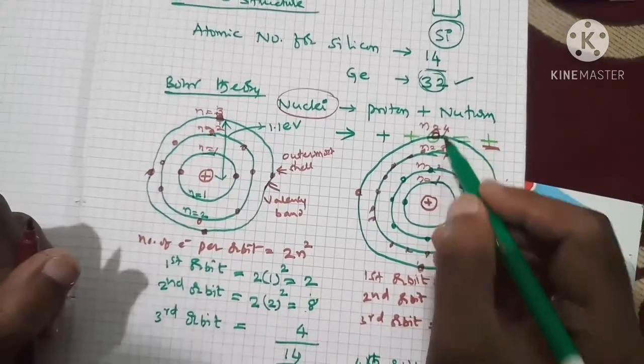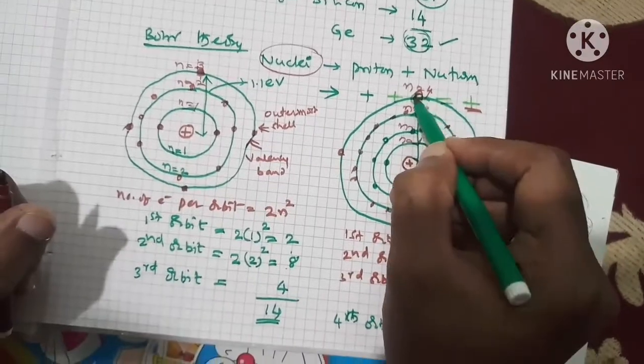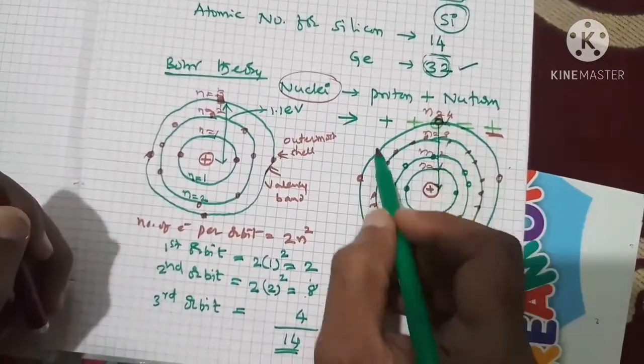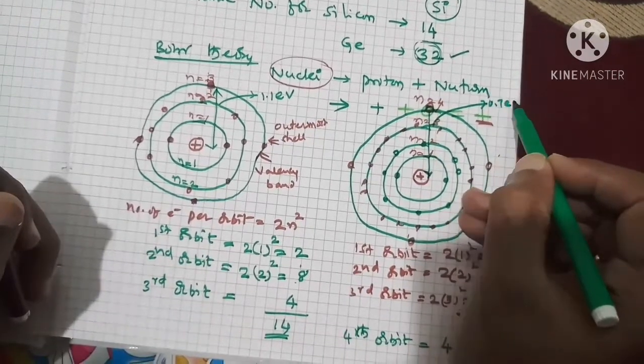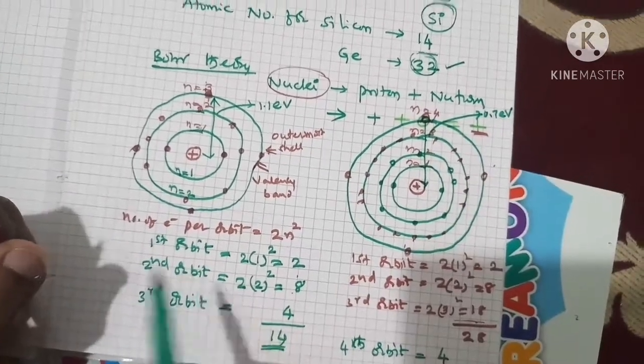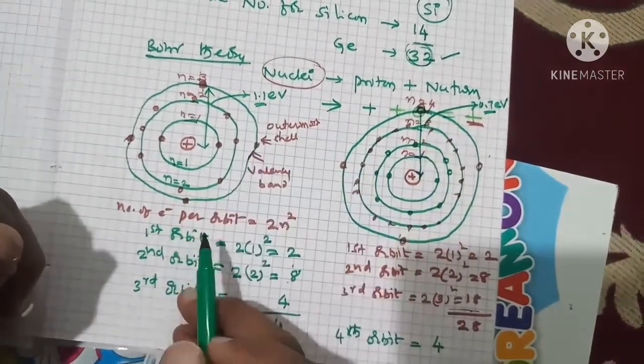Here the energy required to move this electron is 0.7 electron volt. Now we need to understand why this is 0.7 and why it is 1.1 electron volt.